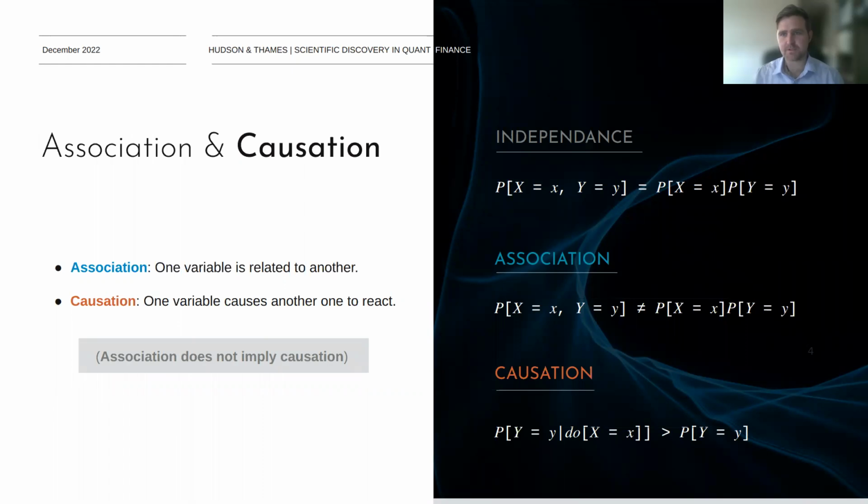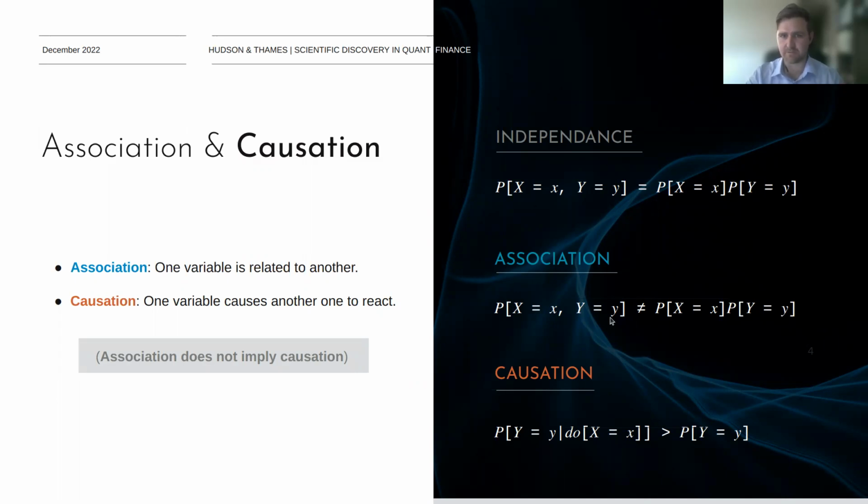So the first thing, we just want to distinguish between association and causation. Association is just one variable being related to another. In terms of statistics, if you look here at the joint distribution of two discrete random variables X and Y, you can't just multiply the marginal distributions independently, because there's some type of association.